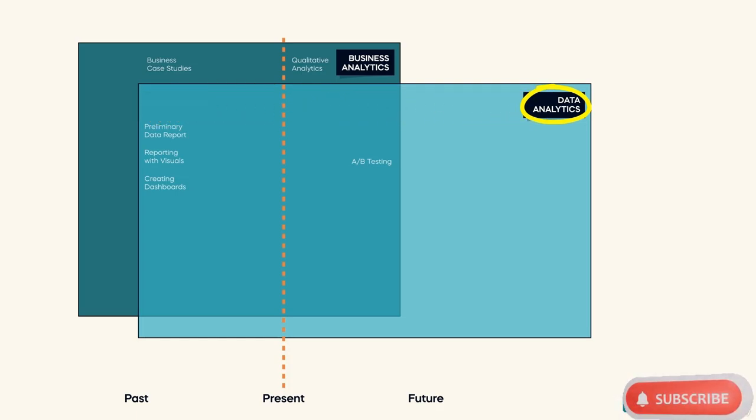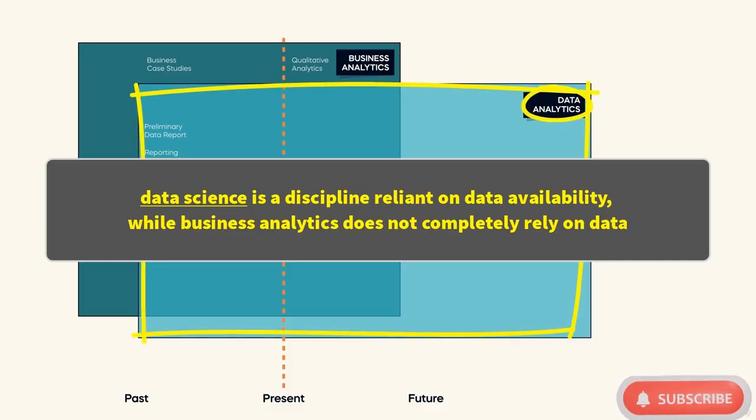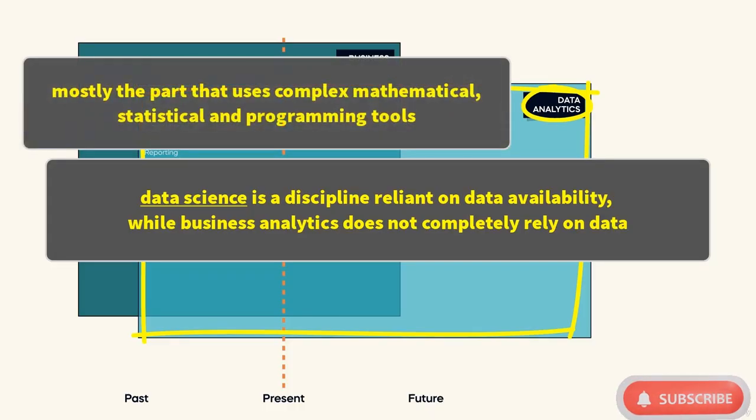Let's continue with adding another term, the most sparkly of them all, data science. Data science is a discipline reliant on data availability, particularly quantitative data, while business analytics does not completely rely on data. However, data science incorporates part of data analytics, mostly the part that uses complex mathematical, statistical, and programming tools.